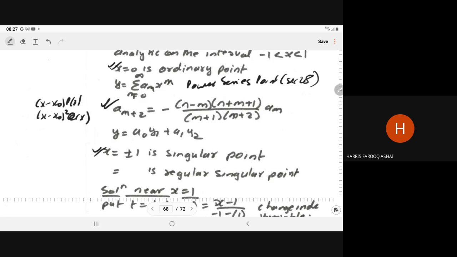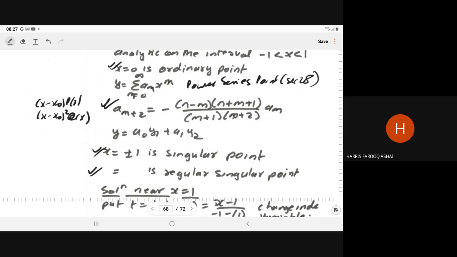You will find that at both points, x equal to 1 and x equal to -1, these functions are analytic. So we can say that x equal to plus minus 1 are regular singular points. This is the base for the solution.